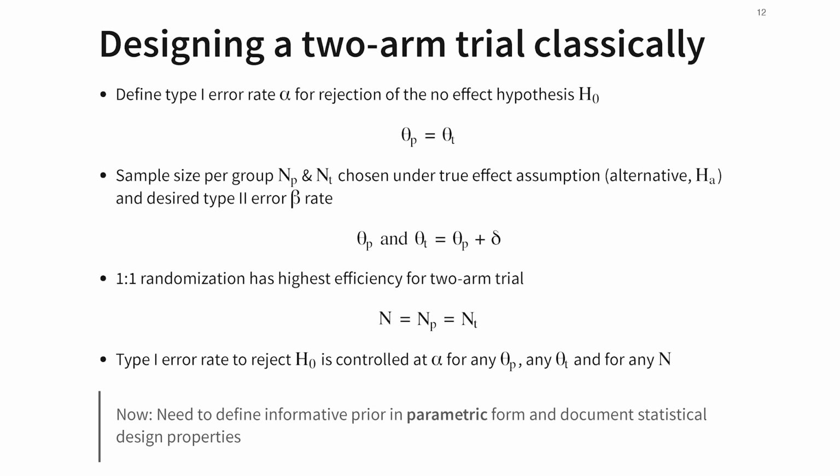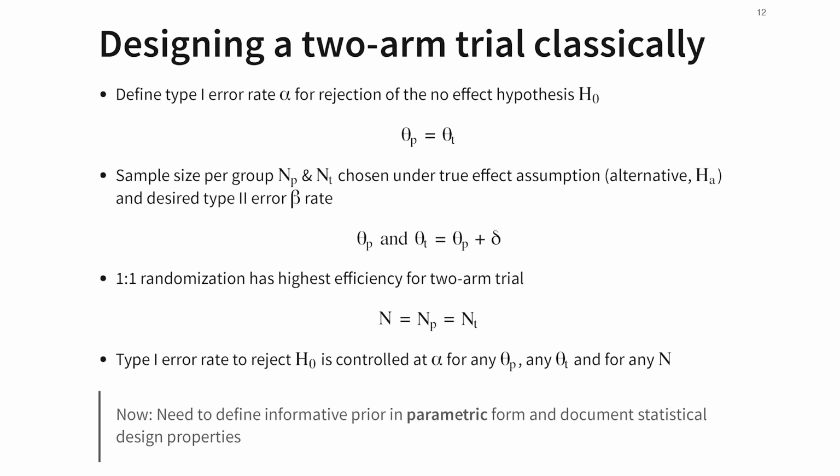Then you would choose your sample size in both groups on a true effect assumption. The alternative, that there's truly a delta, the difference between the two groups in this parameter. And you would assume a certain desired type 2 error rate beta, and this will tell you the sample size you need to have in each group.